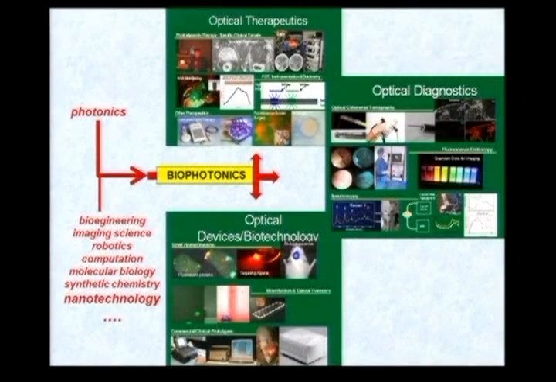So it's really when photonics is combined with the other areas of science, whether it be bioengineering or molecular biology, that you start to be able to do things in biophotonics.